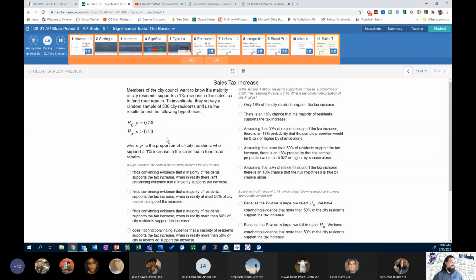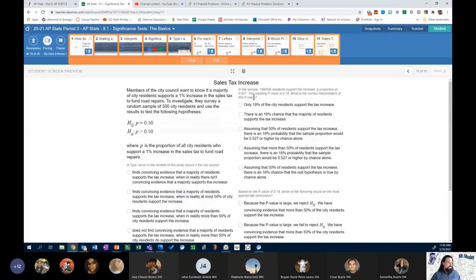The alternative is that they essentially have the majority support they need, and more than 50% will support the increase. Again, we define p as the proportion of all city residents who support a 1% increase in the sales tax to fund road repairs. We have a question about a type 1 error in this context, how that would occur.